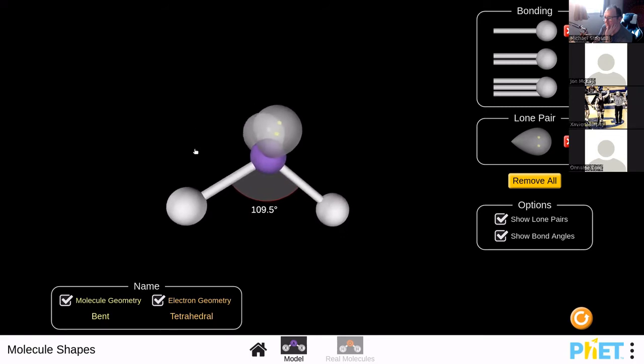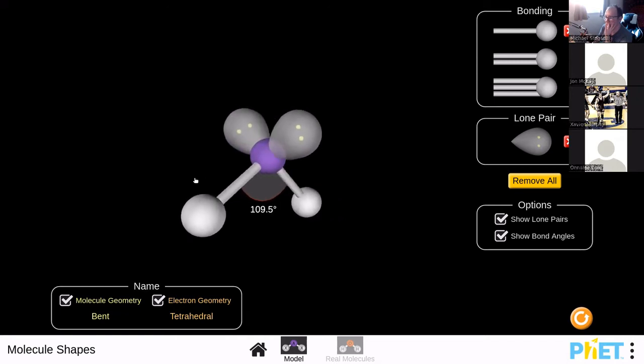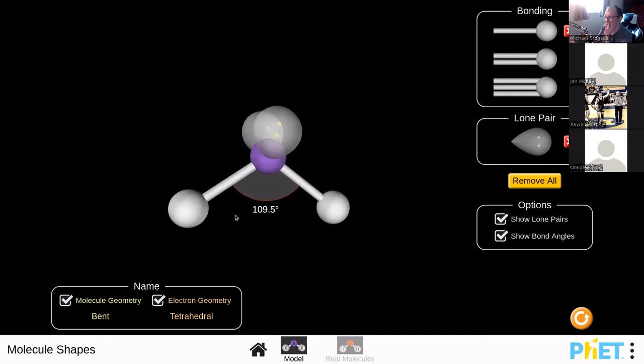This would be the shape that we would have for water, right? This would be a hydrogen and an oxygen here. And you can see that we get this bent shape here. And that's exactly what it's called, bent. So if I take away the lone pairs, you can see that it's this bent shape.